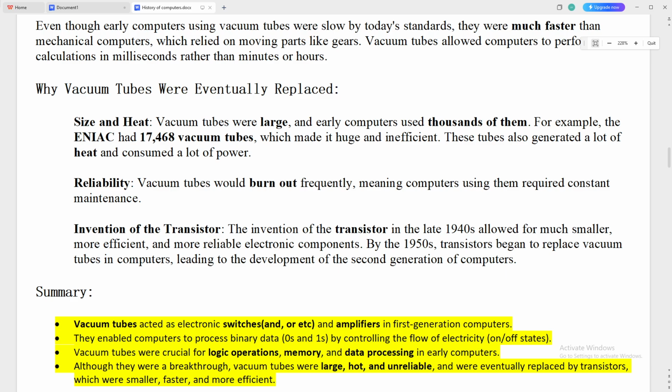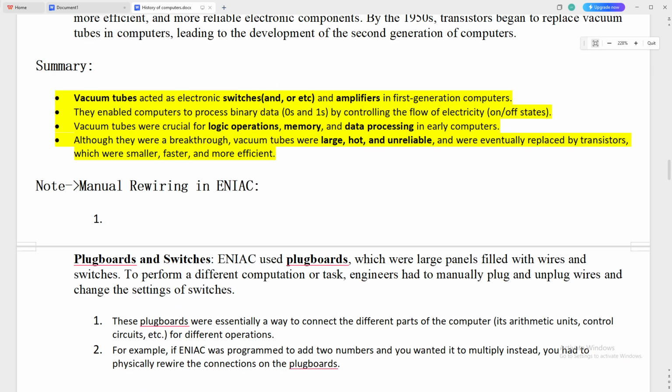So this has to be noted: as the transistor came into the picture, the vacuum tubes were slowly phased out. Okay, now the summary. Basically, vacuum tubes acted as electronic switches and amplifiers in first generation computers. Second, they enabled computers to process binary data, 0 and 1, by controlling the flow of electricity.